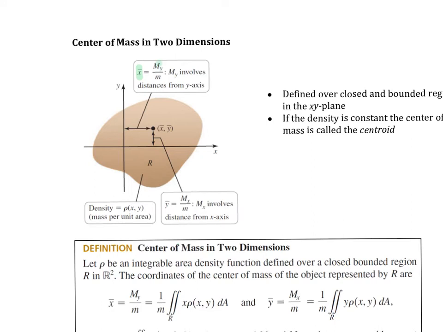So this m sub y, this moment with respect to y, doesn't seem correct. But really, the reason why that y is there, and it's a little bit misleading, m sub x would probably have been better, is because we're looking at this x bar as being some distance from the y-axis, which is why it's an m sub y. But it's still going to be total moment over mass.